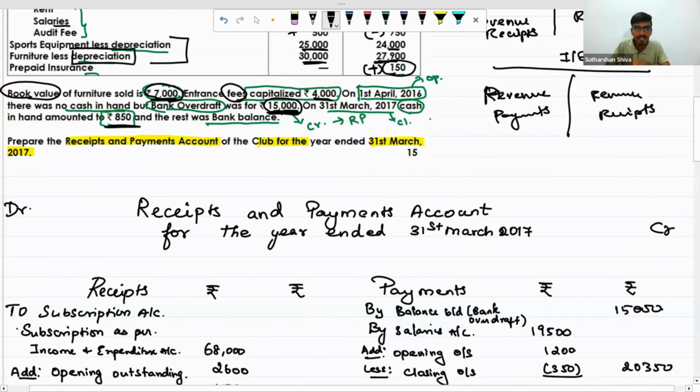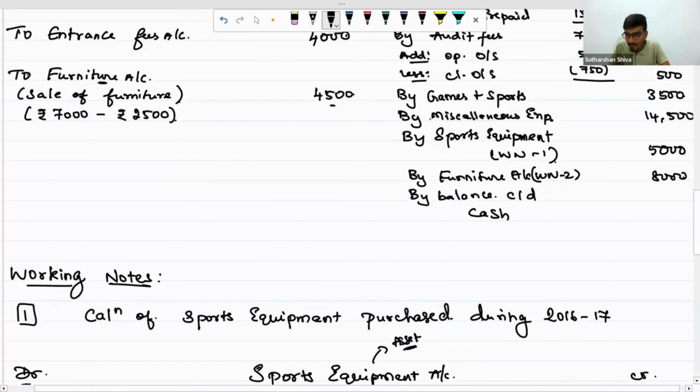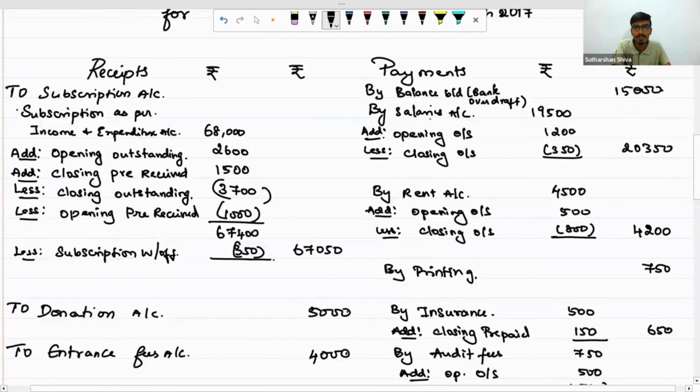Okay, cash, they have said it is 850. So we will write 850 in the inner column. Or if you want, you can write it in the outer column also. 850. Now make the total. Which side is going to be higher?